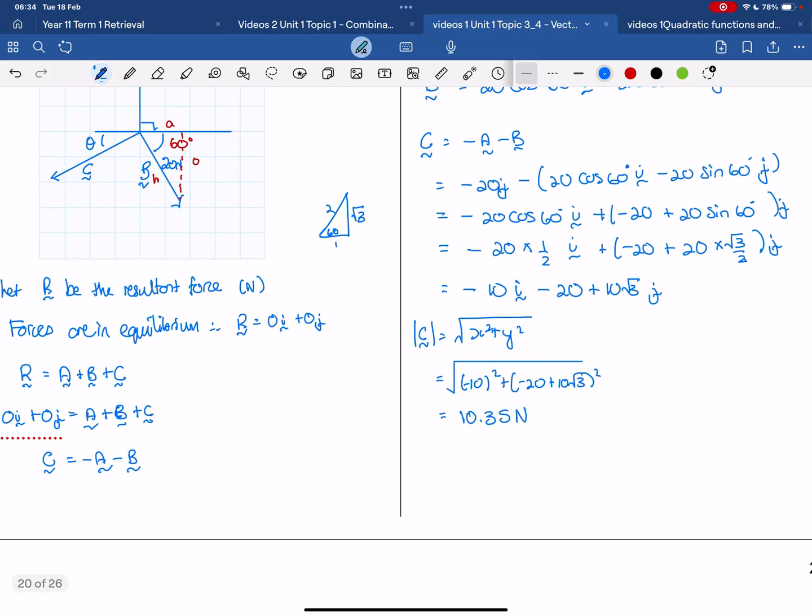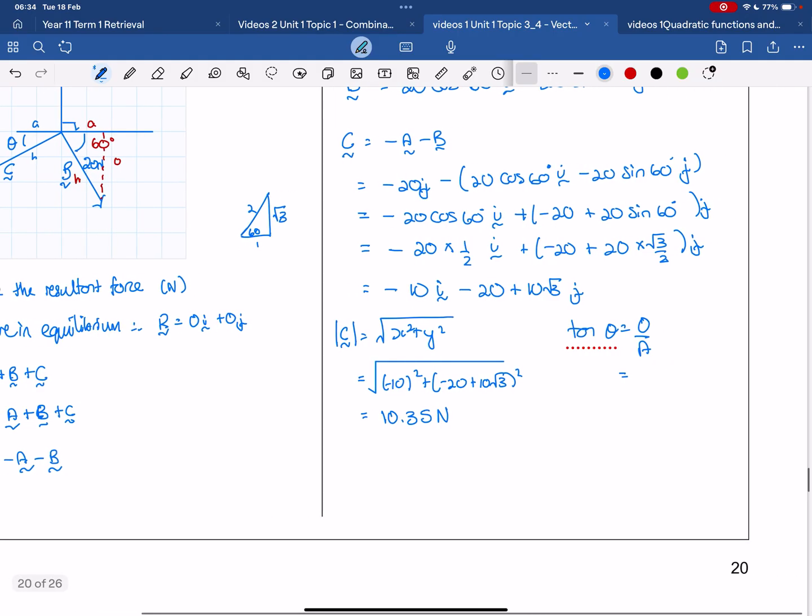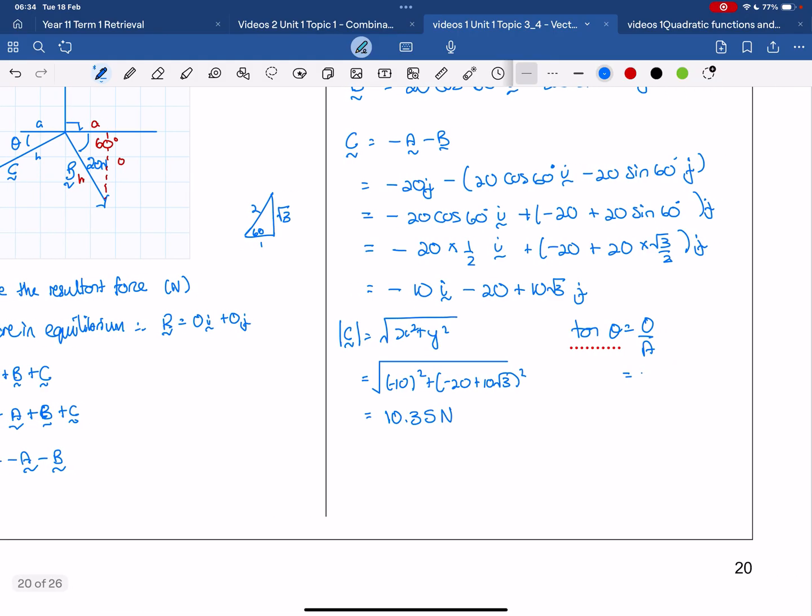Okay, so we know that here's the angle we're looking for. We've got our opposite, we've got our hypotenuse, we've got our adjacent. So tan will be opposite over adjacent. So tan of theta is opposite over adjacent, and that's going to be our J component over our I component.